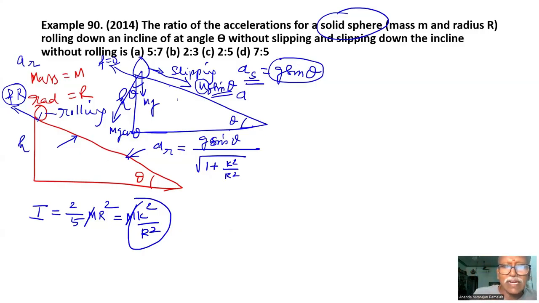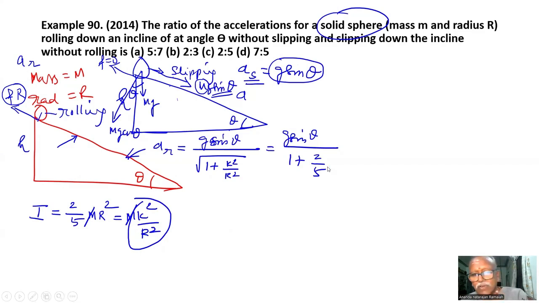So the acceleration for rolling equals g sin theta divided by 1 plus 2 by 5, since k square by r square equals 2 by 5.